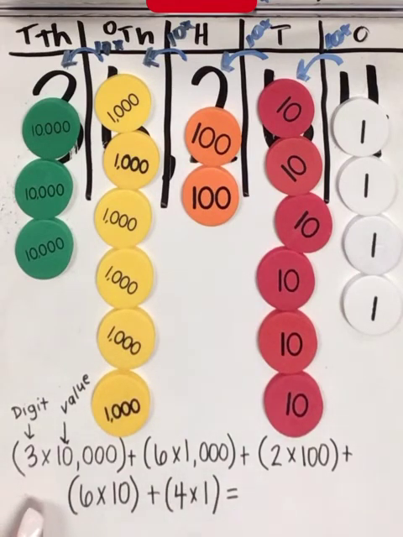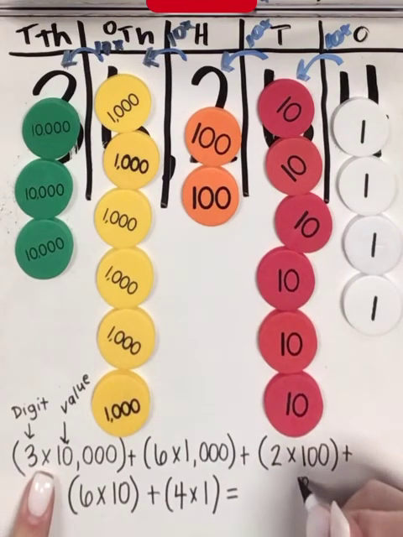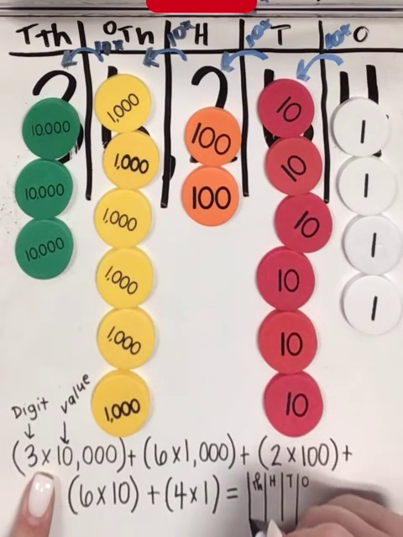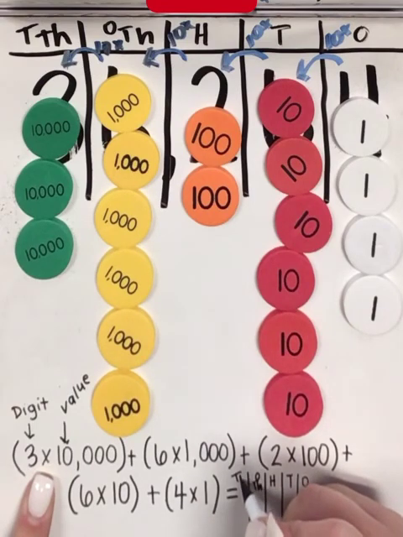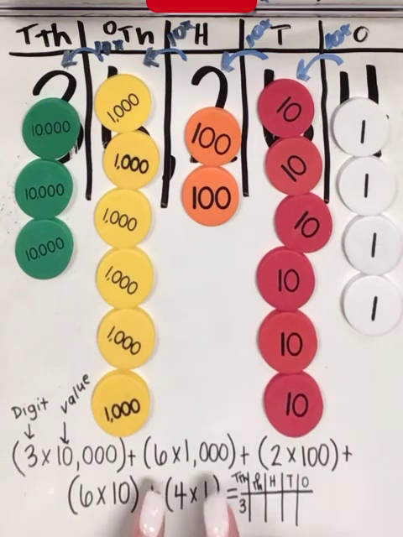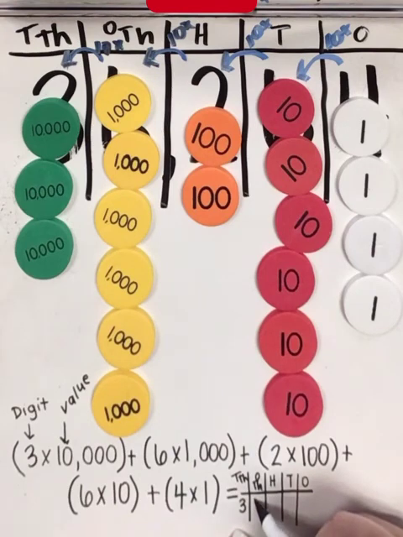So when I add all of this together, I get, so if you look at your ones, tens, hundreds, 1,000s, 10,000s. I'm going to show you how I can easily see. I have 3 10,000s, so I'm going to go to my 10,000s place. 6 1,000, so I'm right here in my 1,000s place. I'm going to put my 6 right there because I know that I have 6.